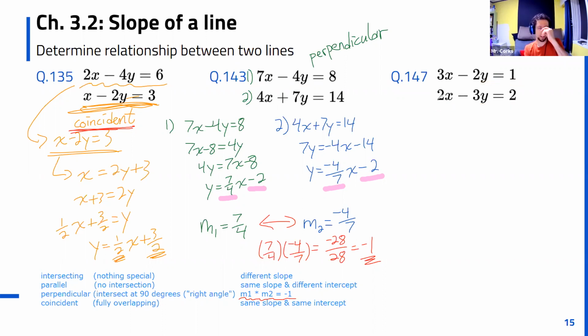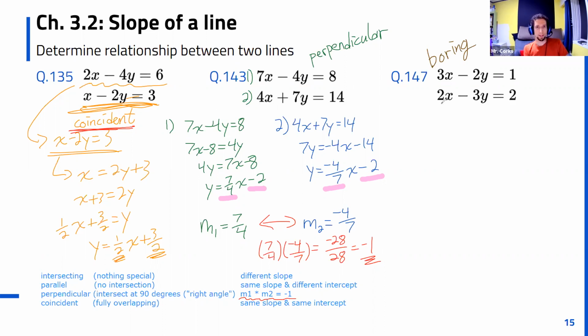What is your guess? Tell me what you think the relationship is between them. Probably intersecting. Okay, intersecting. So we think it's just a boring, nothing special, just intersecting lines.